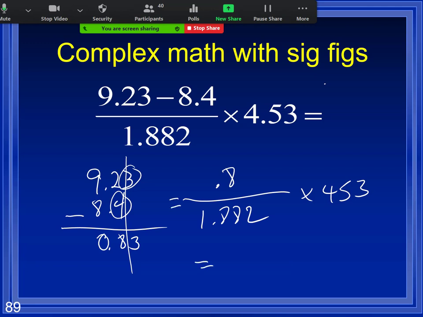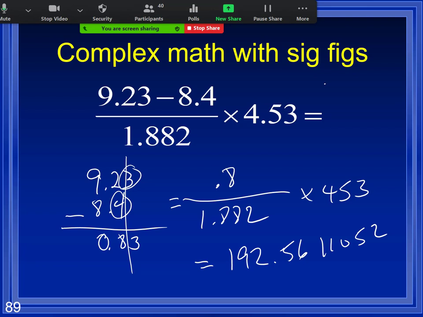And that's all just multiplication and division, so I can just push those buttons. 0.8 divided by 1.882 times 453, and my calculator gives me 192.5611052.